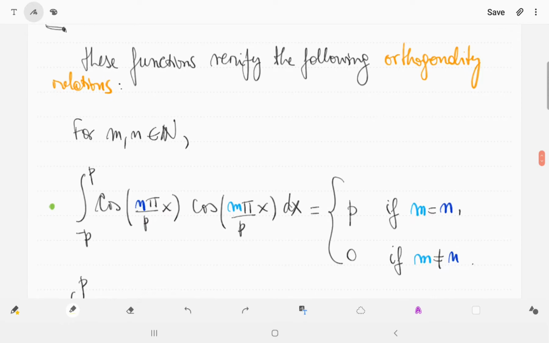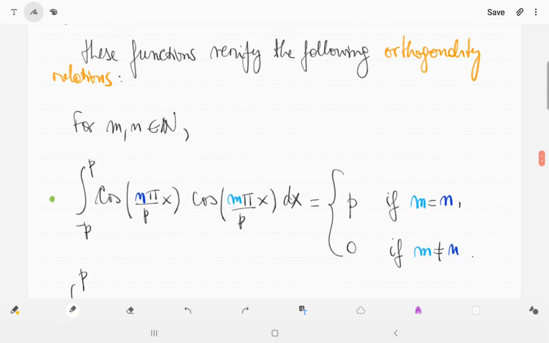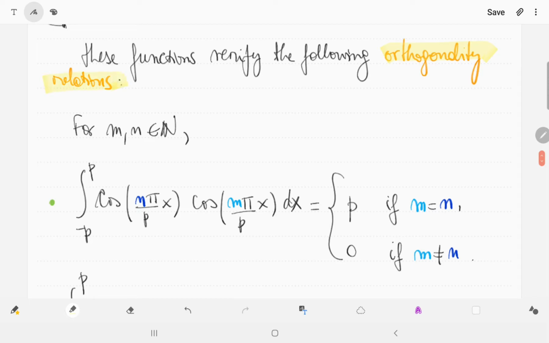And these functions are super special because they verify these orthogonality relations. If I pick two cosines of that family, with n and m two natural numbers, and multiply them, you can compute this integral here, and in case m and n are exactly the same natural number, we will get p.